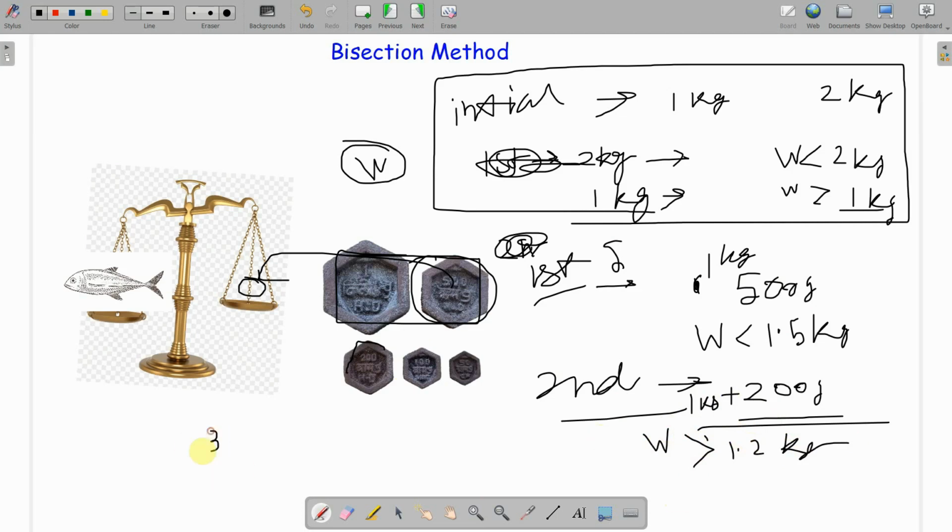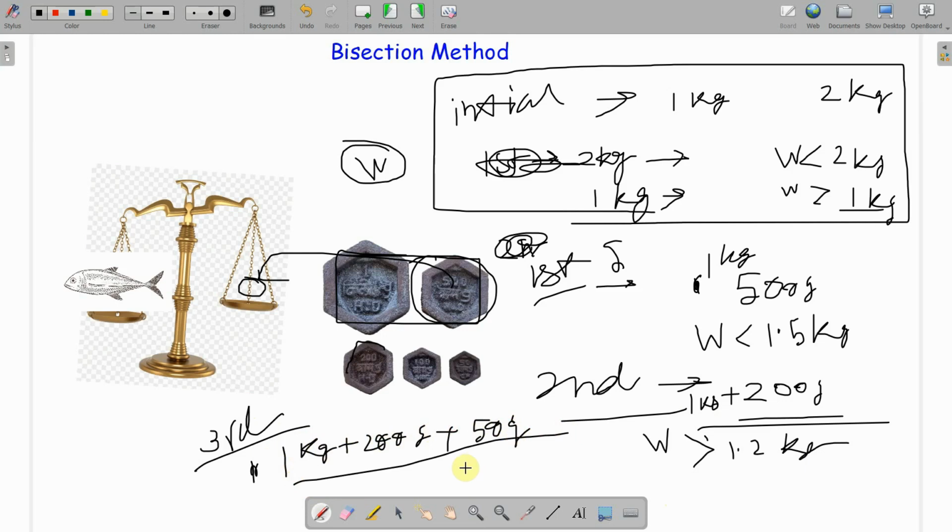Then he goes for the third guess. He adds another 50 gram to the 1 kilogram plus 200 gram, and by putting 50 gram he sees that the weight is almost equal to this value. So the weight of the fish is 1.25 kg.